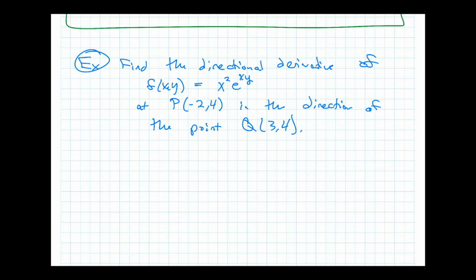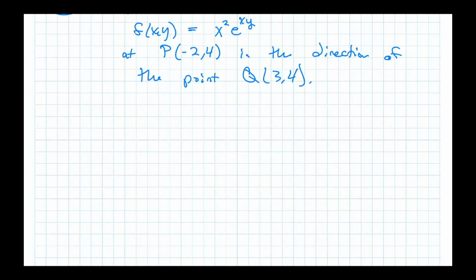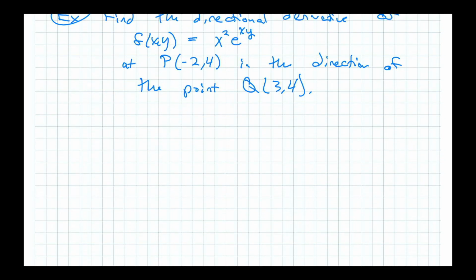Okay, so we have everything we need to do this problem, but because we haven't done one of these before, it's going to feel like there's a little bit of extra work. We can do the gradient already, but we don't know our vector u or even v yet. That's the thing we have to look at.